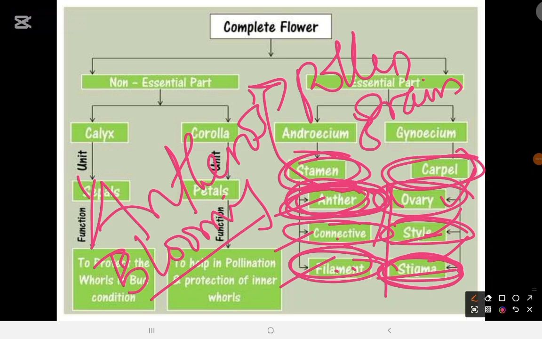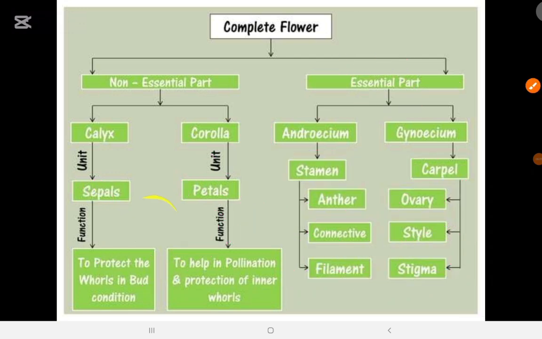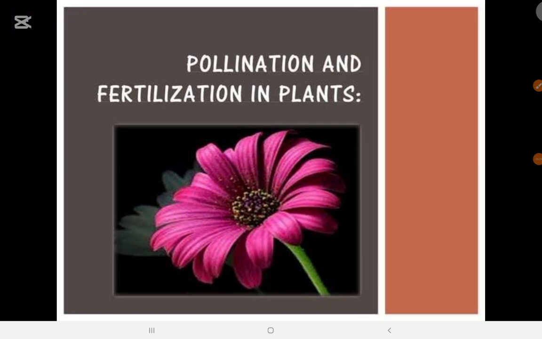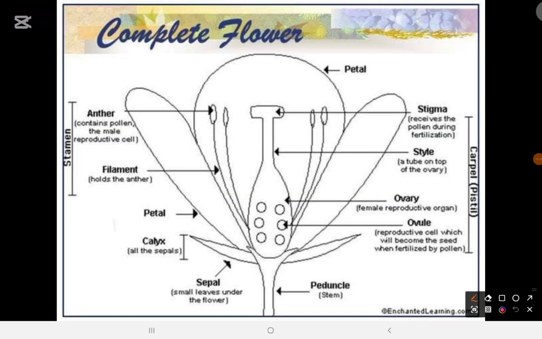That is why, as an agent of dispersal, the anther can bloom in a process known as dehiscence. So we say the anther dehisces. We are going to get to that further in the course of this lesson.